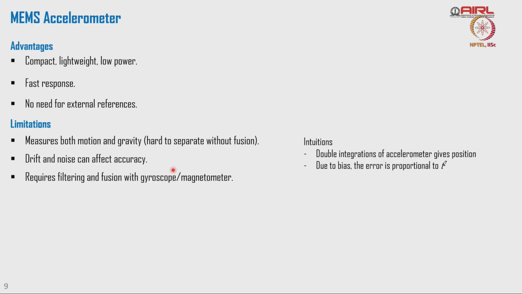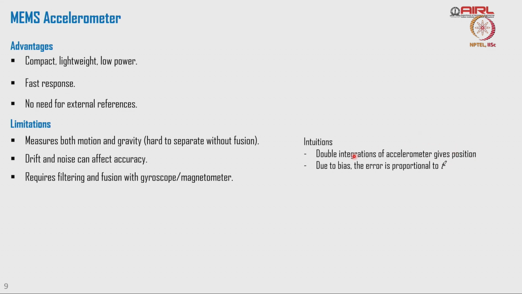What I meant by drift here is that we are measuring acceleration, but what is our interest? Our interest is to measure the position of the drone, the x, y, z position of the drone, right. So, intuitively, if I want to explain what drift means, we are trying to do the double integration of the acceleration to get the position information.